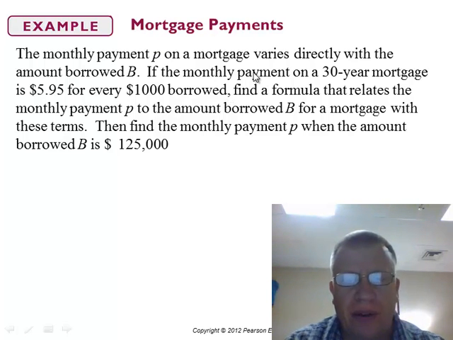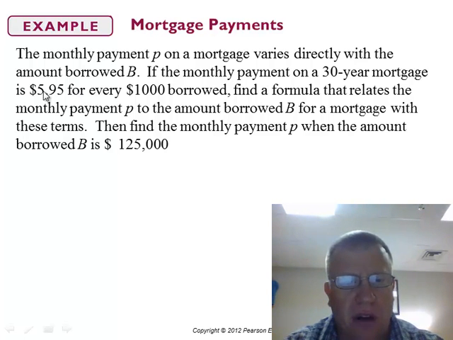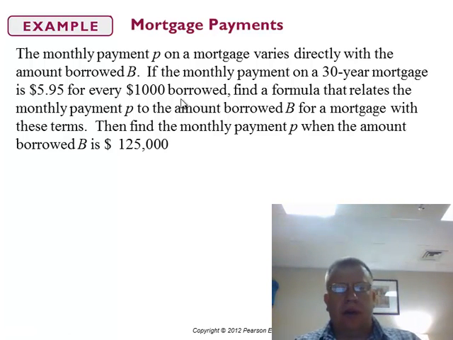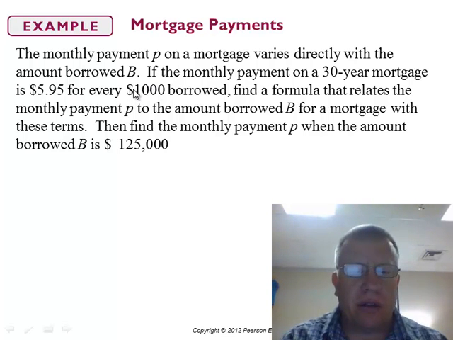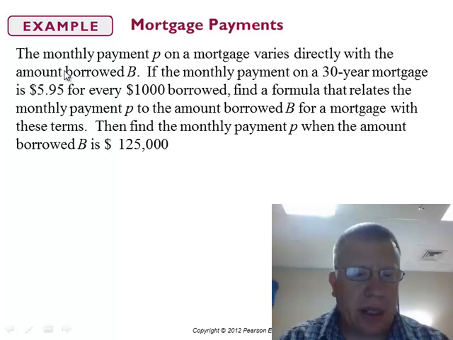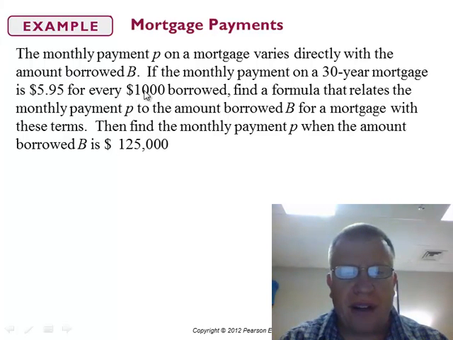So suppose that we've got a monthly payment on a 30-year mortgage, and we're told that the payment is going to be $5.95 for every $1,000 borrowed. That is the relationship. So if you know how many thousands of dollars you borrowed as the principal, you take that number of $1,000 and you can just apply that to the 5.95.